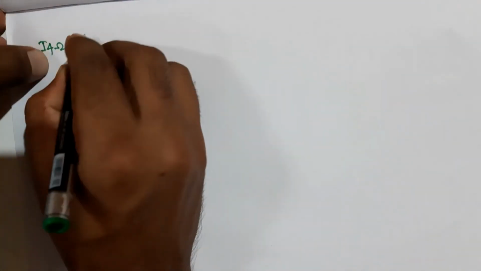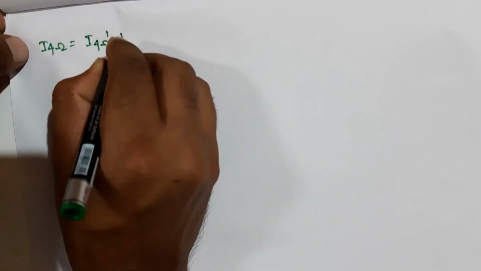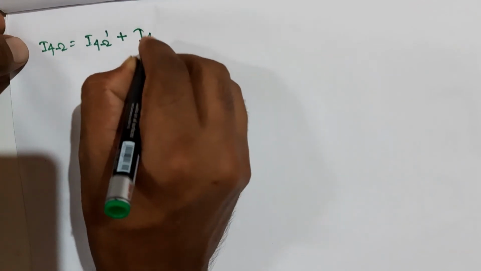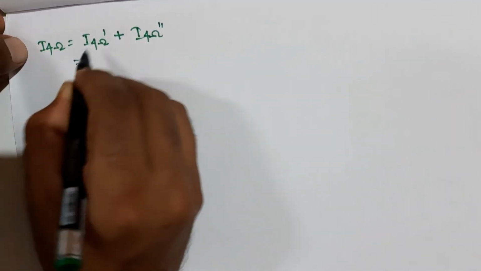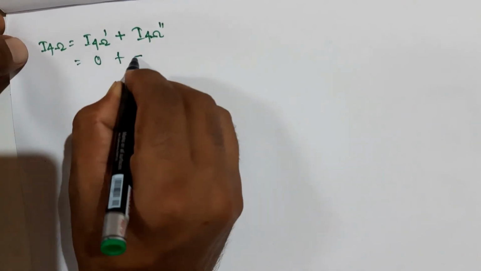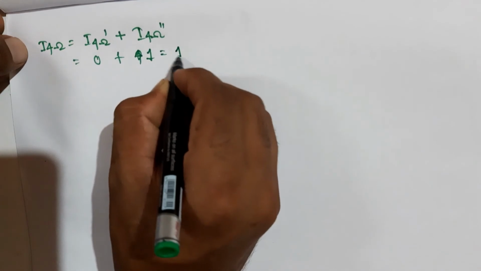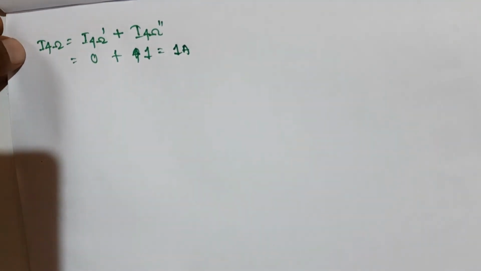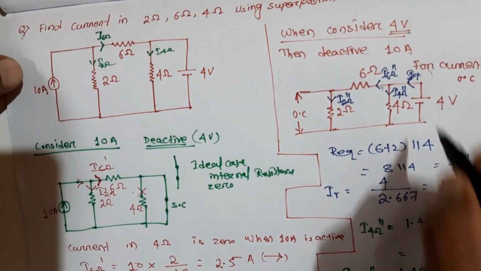So the algebraic sum, I 4 ohm single dash plus I 4 ohm double dash, in the first case is 0 and in the second case is 1 ampere, so this is 1 ampere. The direction is downward.